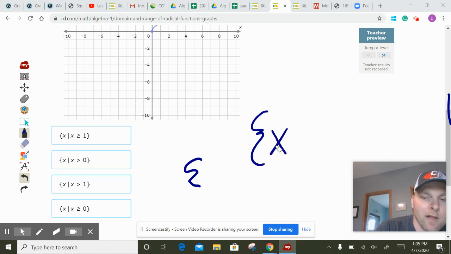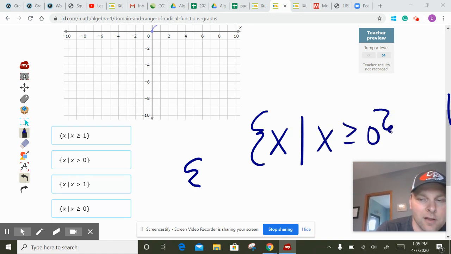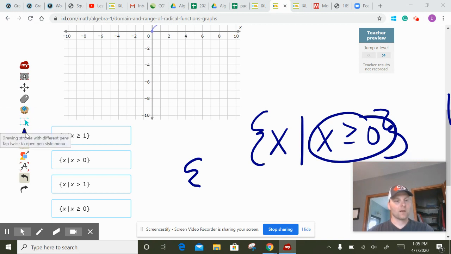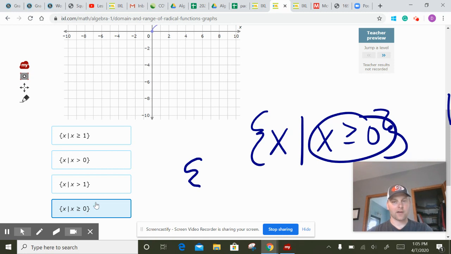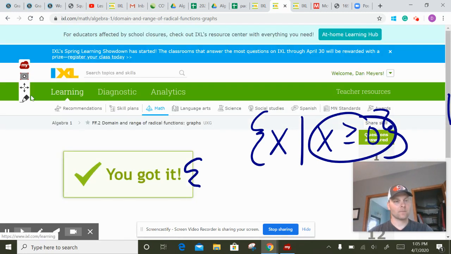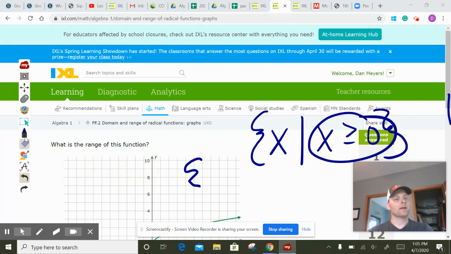You say it as the set of all x's such that the x's are greater than or equal to 0, and then you close the set notation. I usually just have you guys answer with that thing there. We don't worry too much about that other notation. You might work more with that in some of your other classes later on in high school. All right, so x is greater than or equal to 0, and we submit that. And there we go. All right, let me erase that.